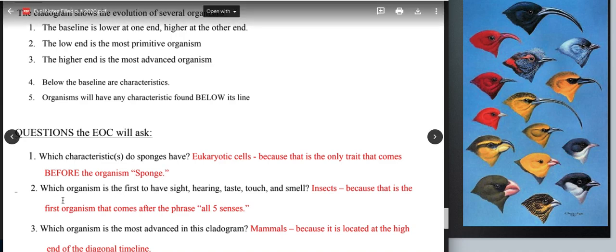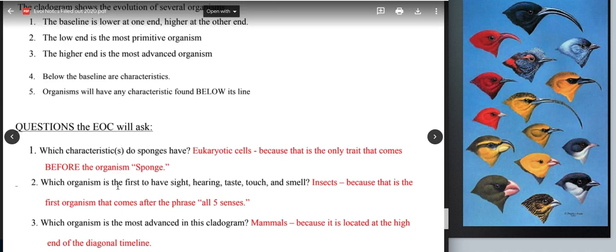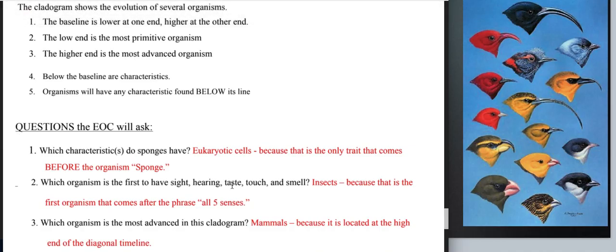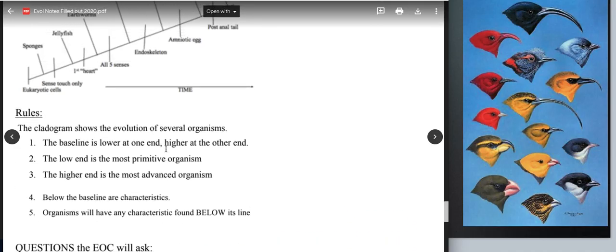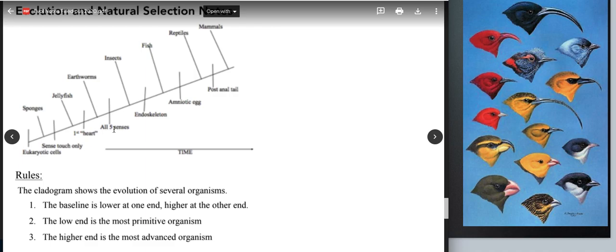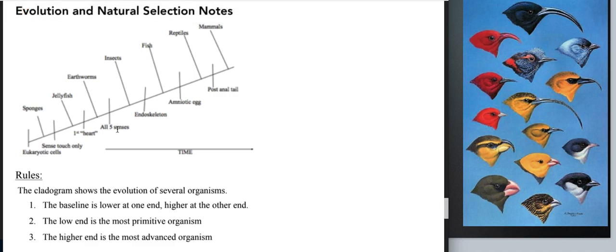All right. 2, which organism is the first to have the 5 senses? So if I look at my 5 senses, taste, touch, smell, hearing, then I look at this, so here's my cursor, and I just move forward in time, and the first group of organisms I come to, it's not a species, is insects, and that's the answer.